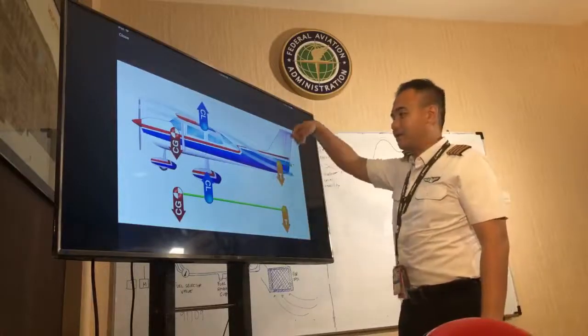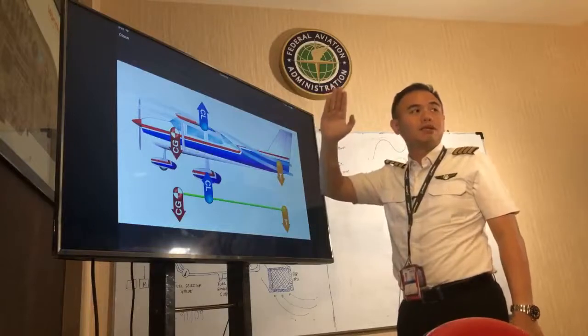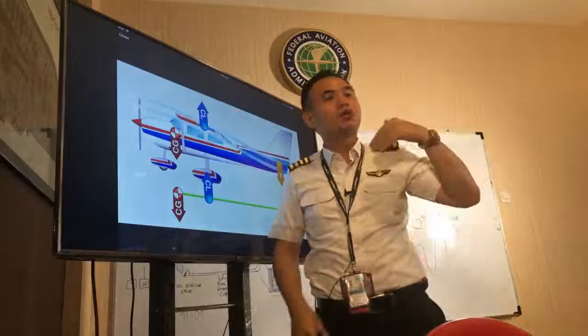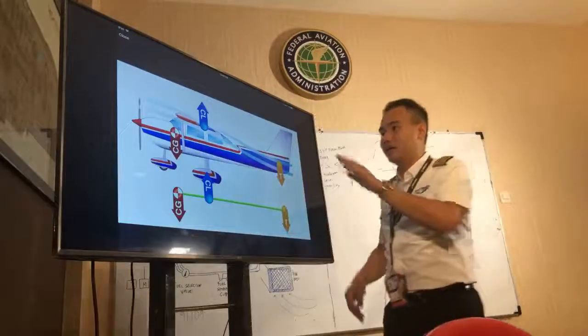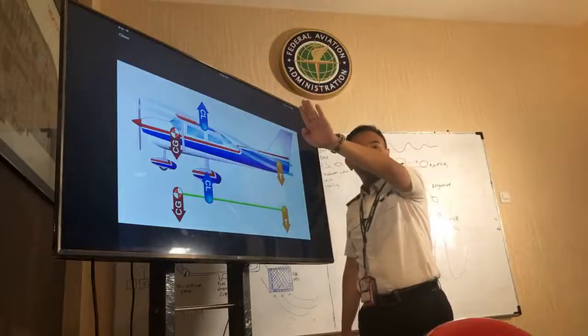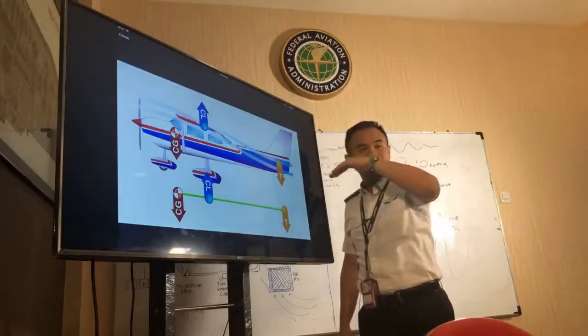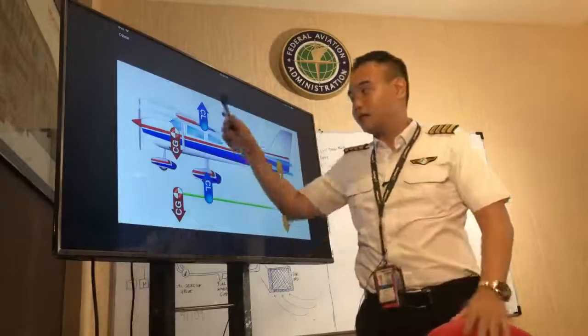So what happens if the tail gets down pressure? The pitch will go up. That's why the balancing uses the CG, to equalize the pressure. So when the airplane suddenly goes up like that, the center of gravity will put the nose back. We call that the moment of stability, right? Then the pitch will be stable.